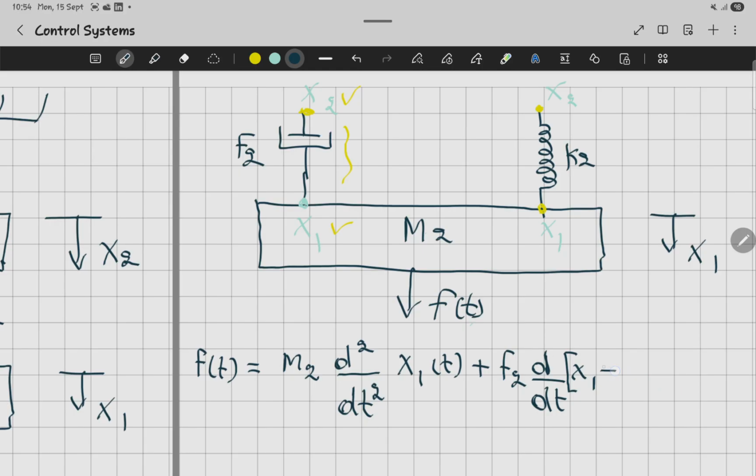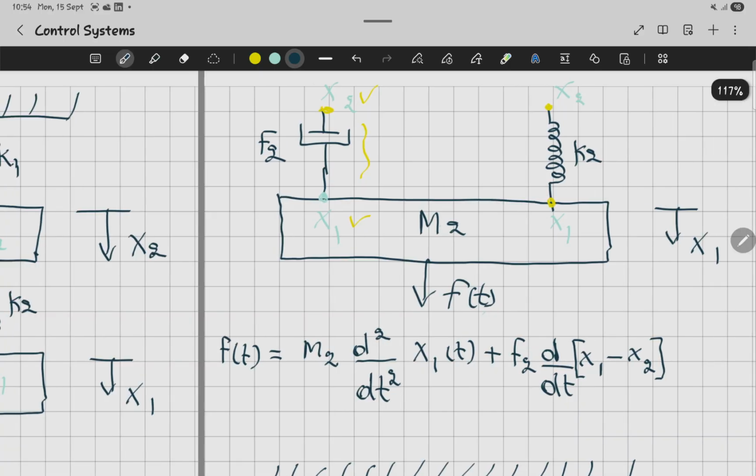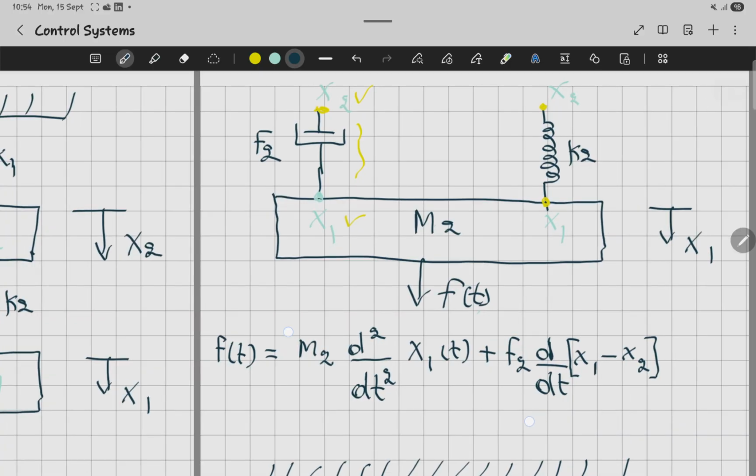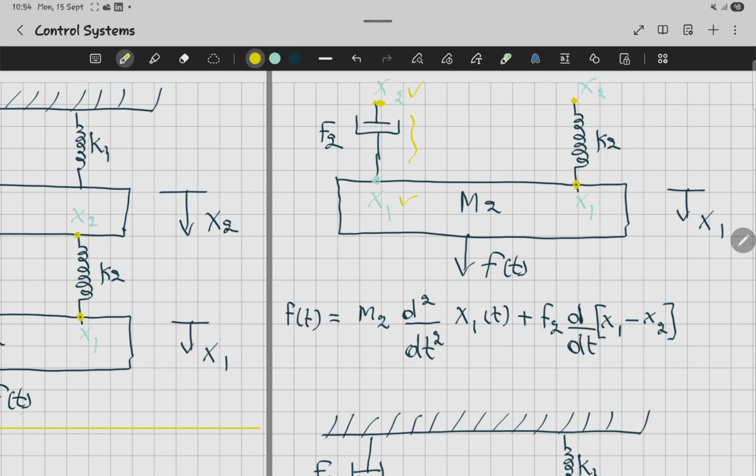It's going to be x1 minus x2, and we do the same for k2. It's going to be plus k2 times x1 minus x2. This is what we get as the equation for this first block.